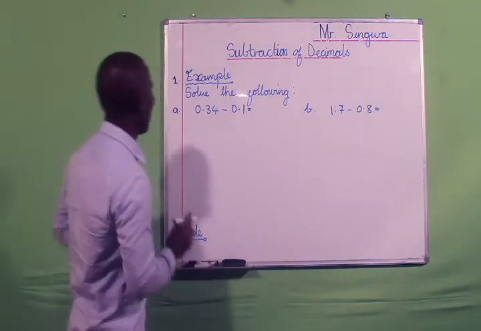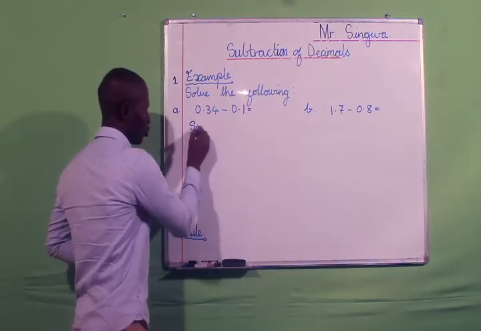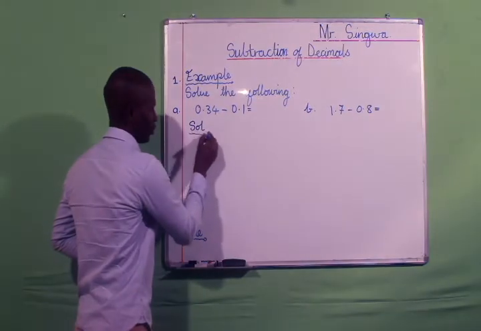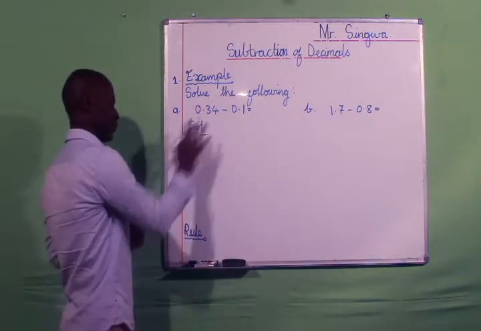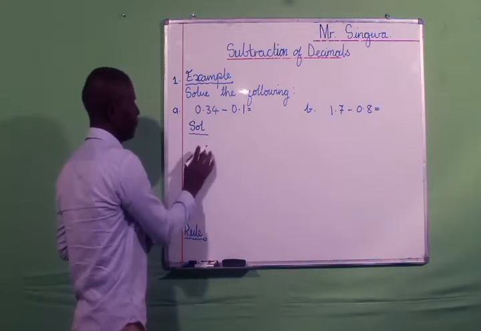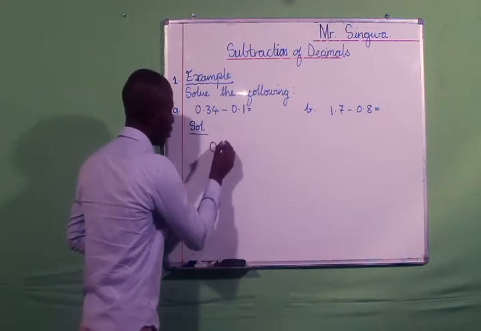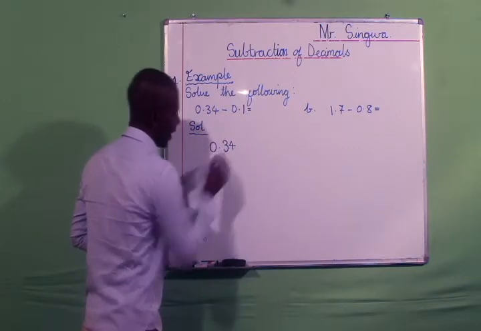Now, when you have this as a question, you need to put your solution or your answer here. Remember to leave a small space here and write the figure 0.34 down here.